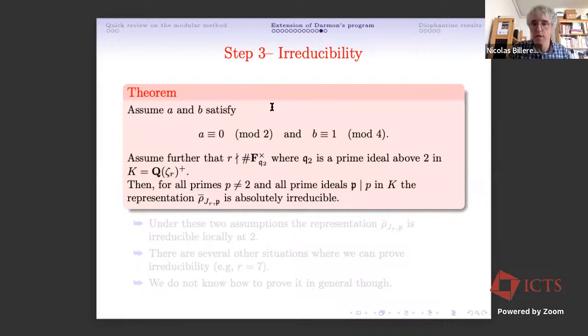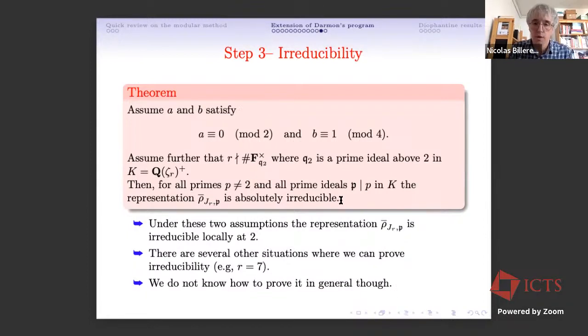So this is again some arithmetic condition that we have to impose here, and assume further that R doesn't divide the cardinality, the order of the multiplicative group of the residue field at some prime ideal above 2 in K. Then we can prove, for instance, that this representation rho bar JRP is absolutely irreducible.